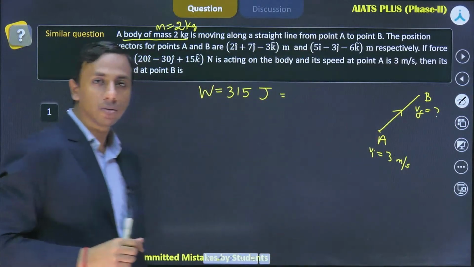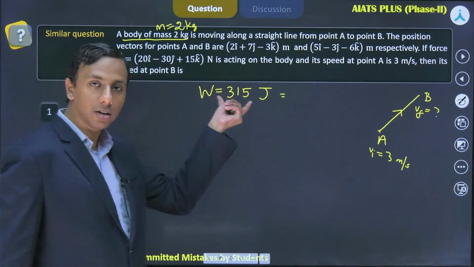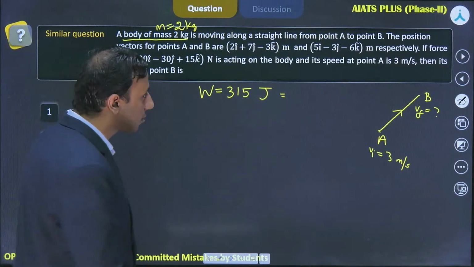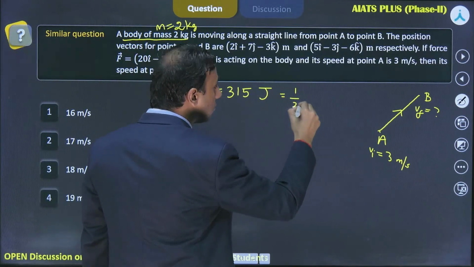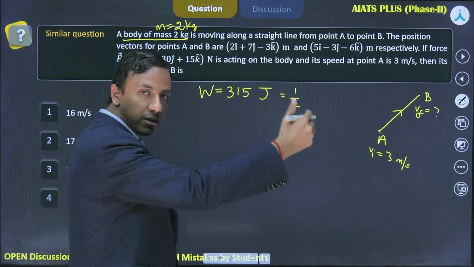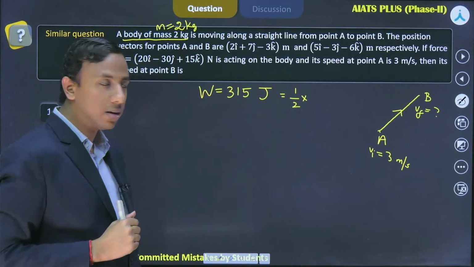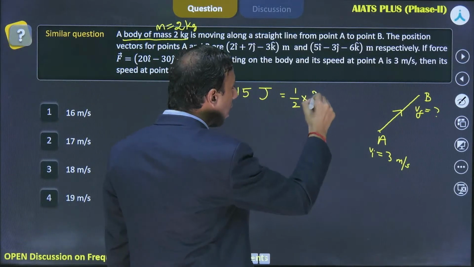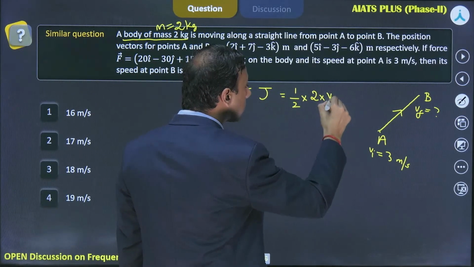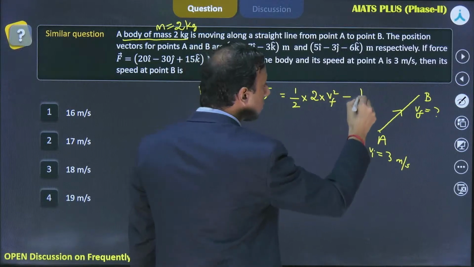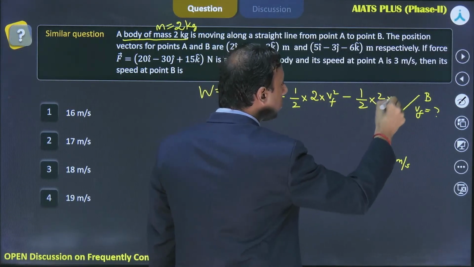Which formula will we use? Change in kinetic energy equals work done. So just write that formula: half m V final square minus half m V initial square. m is 2 kg, so I will do half into 2 into V final square minus half into 2 into V initial square.